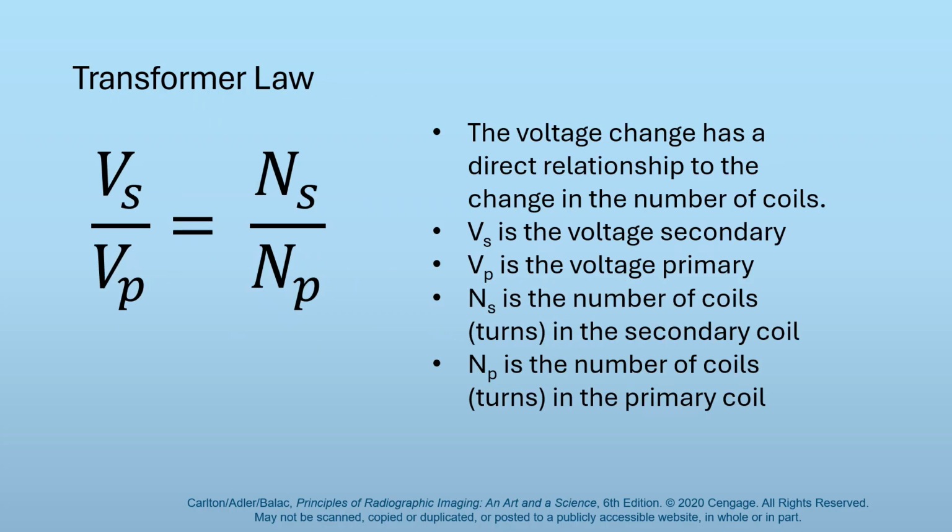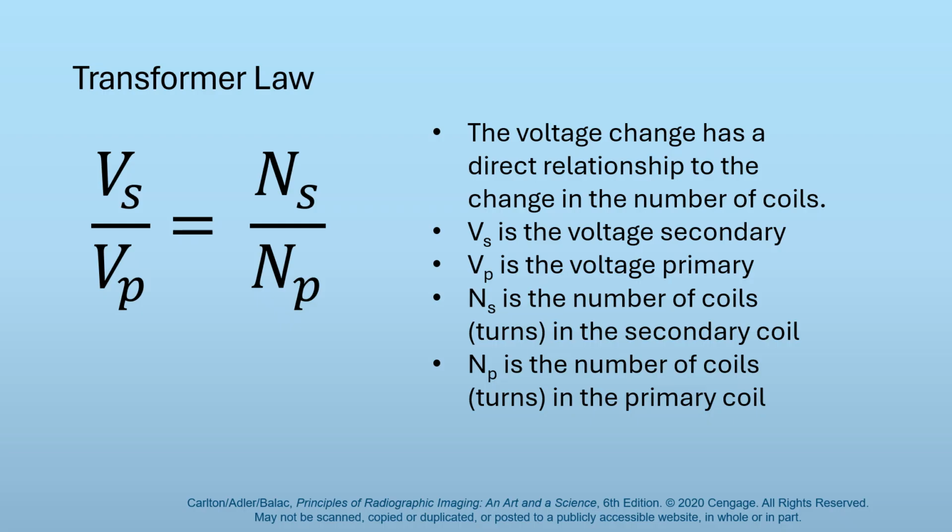Okay, so the transformer law, this applies to all types of transformers. And so some of the problems you're going to see on the next slide don't deal with an auto transformer necessarily, but the transformer law holds for all types of transformers. And so it reads like this. It is a proportion.